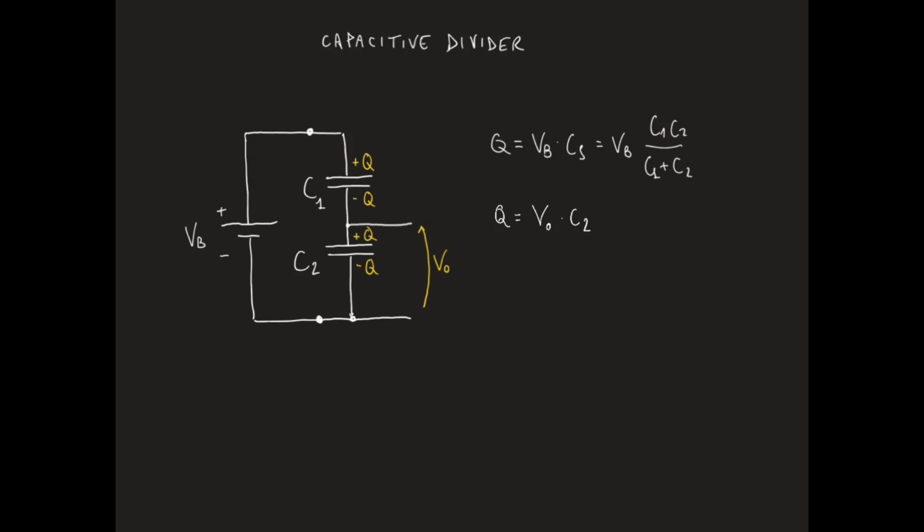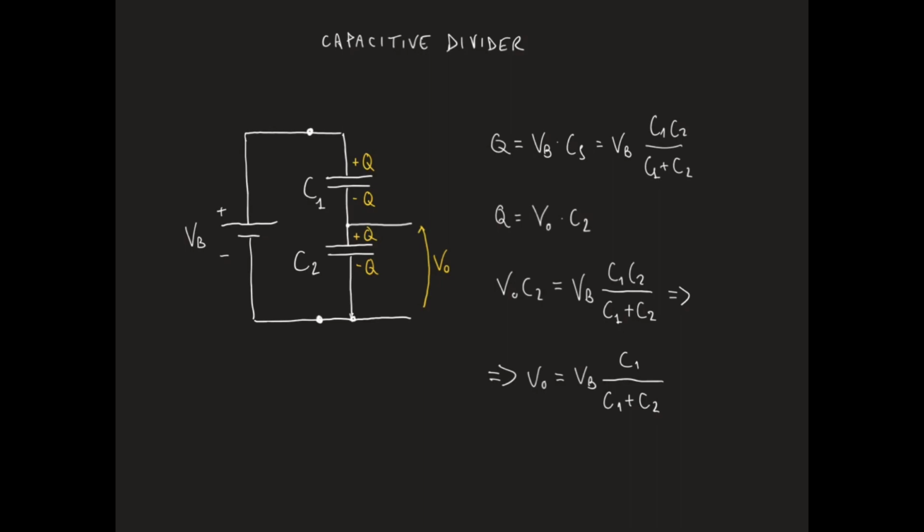From the two equations, we can say that VO C2 is equal to VB C1 C2 divided by C1 plus C2, from which we eventually get that the output voltage is equal to the input voltage VB times C1 divided by C1 plus C2.